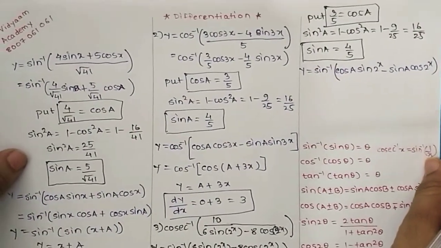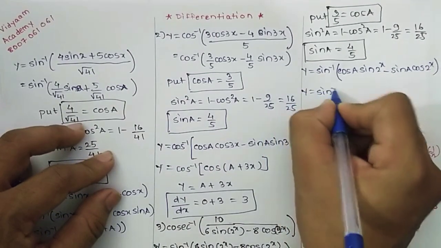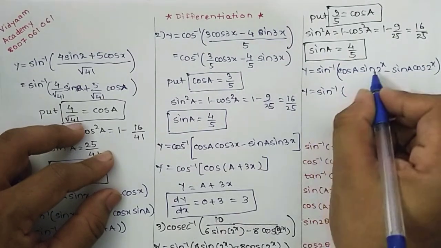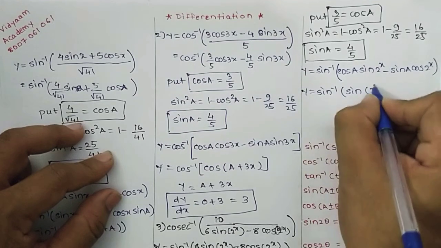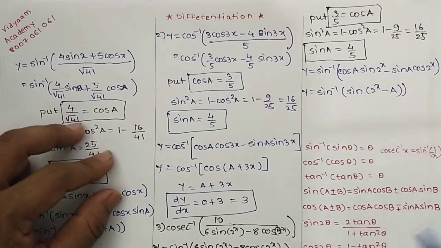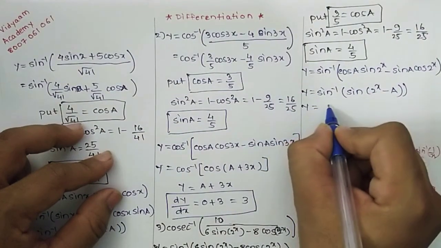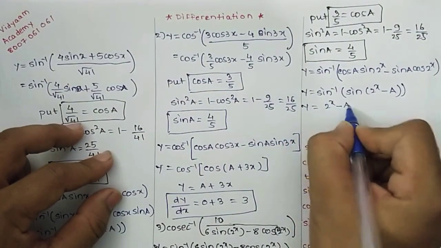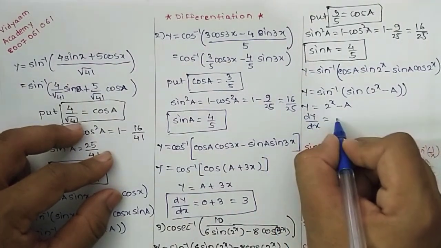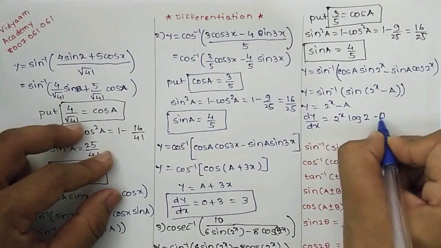So if you look at all these things, if you simplify this, what you get is y equal to sin inverse of, you can simply write this as sin A cos B minus cos A sin B. So sin A cos B clearly gives the sine of 2 raised to x minus A, because the format clearly tells us sin A cos B minus cos A sin B. So if I simplify this, I get y equal to 2 raised to x minus A, and if I go for the derivative of this, I get dy by dx equal to the derivative of 2 raised to x, which we all know is 2 raised to x into log 2, and for A the derivative is clearly equal to 0.